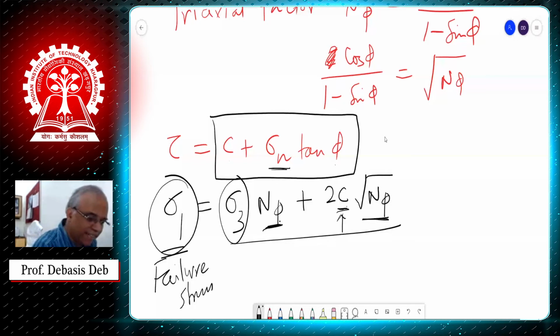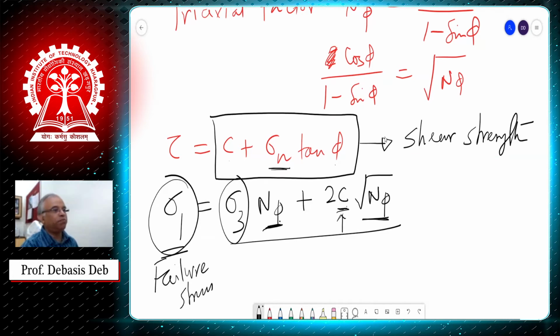So we can say this right hand side is my shear strength of the material. This shear strength depends on the cohesion and the friction angle as well as the normal stress acting on that plane.